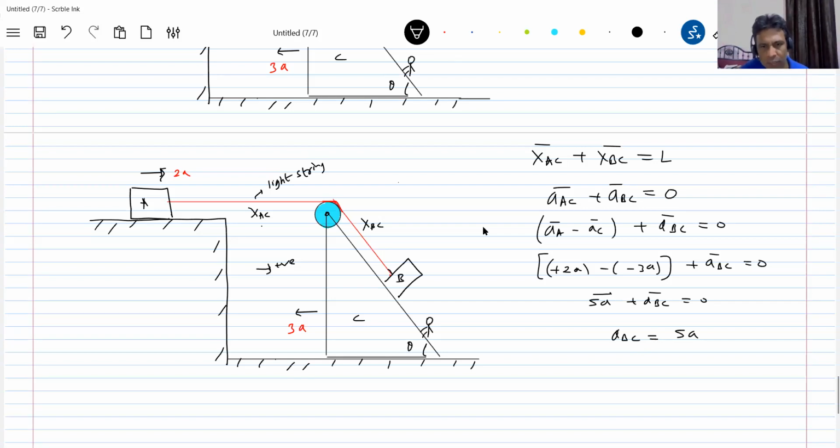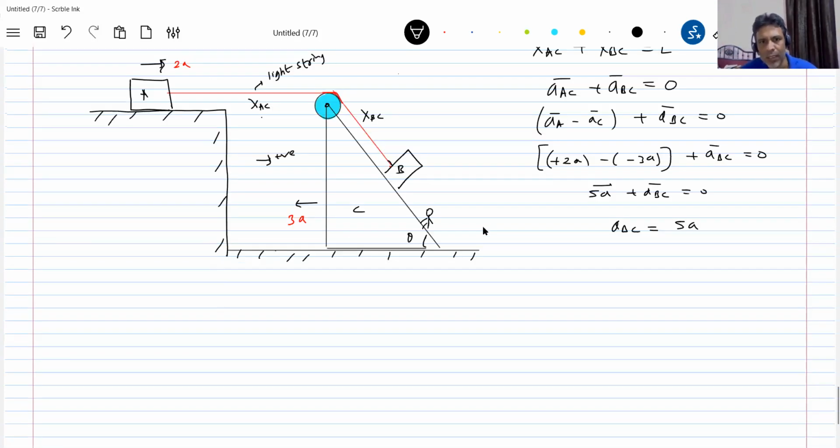So we know acceleration of C. Shall I take help of the vector diagram? Can you remember the vector diagram? This should be the 3A, and this is acceleration of B with respect to C, ABC. This is AC. This is the angle theta. Let's write the vector relation: acceleration of B with respect to C equals AB minus AC.